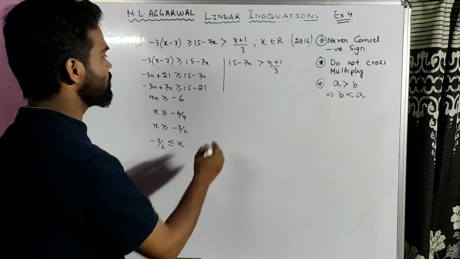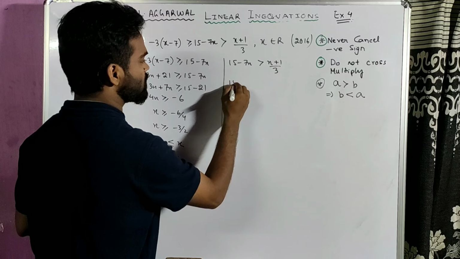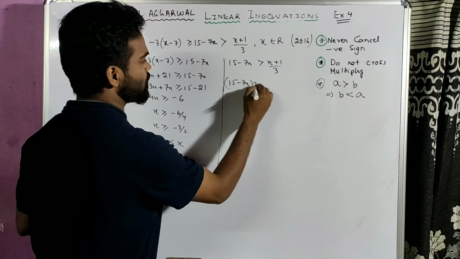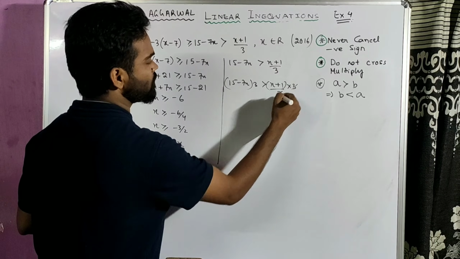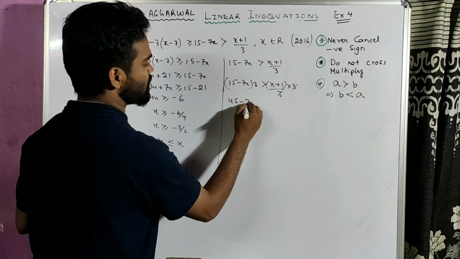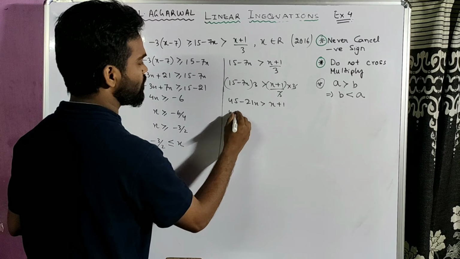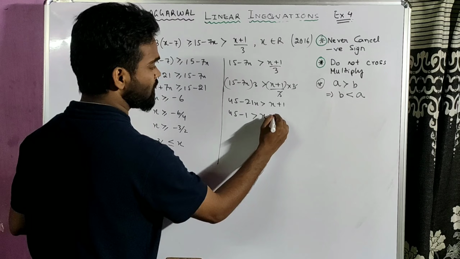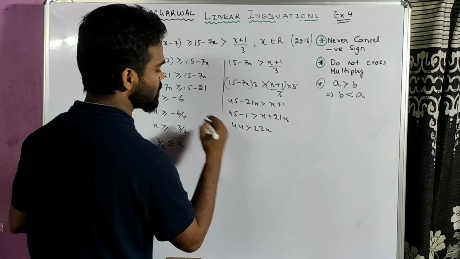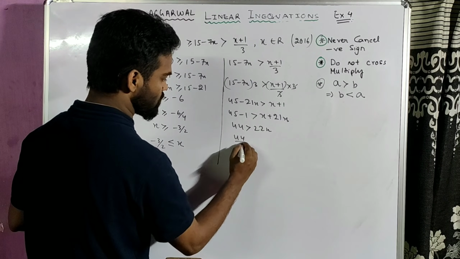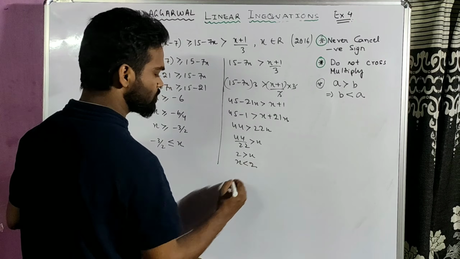Any day we can write that. Then just look over here. Now we'll multiply by 3 on both sides, so 15 minus 7x into 3 greater than or equal to x plus 1 by 3 multiplied by 3, so this 3 cancels. 45 minus 21x greater than or equal to x plus 1, so 45 minus 1 greater than or equal to x plus 21x, which means 44 greater than or equal to 22x, which means 44 by 22 greater than x, 2 greater than x, which means x less than 2.